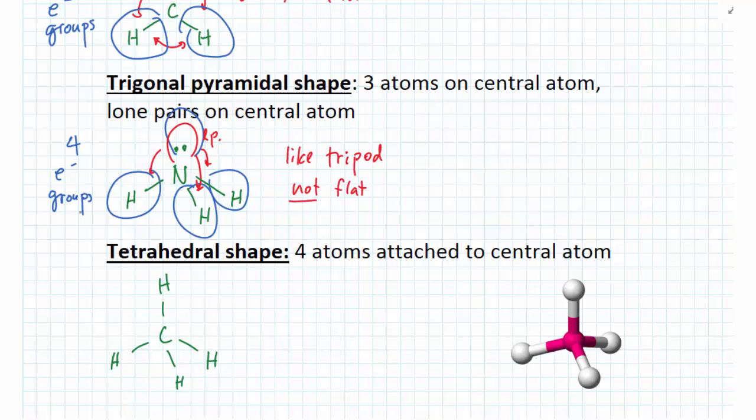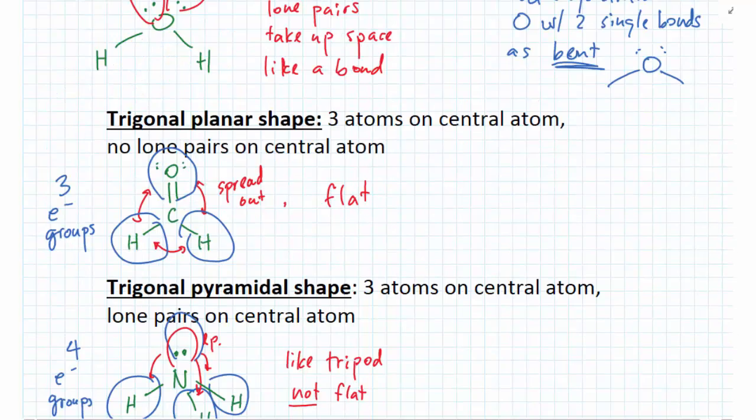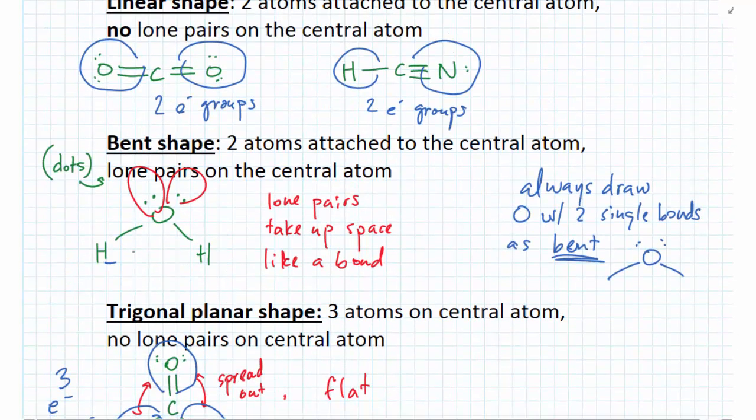What is this shape called? This is bent. This is like water. Water has 2 lone pairs of electrons. If you look at it like this, one will be pointing out towards you, right here, and one will be pointing back the other way, right here. So all of those ones have 4 electron groups, including water. If we count those ones as well, 2, 3, 4.